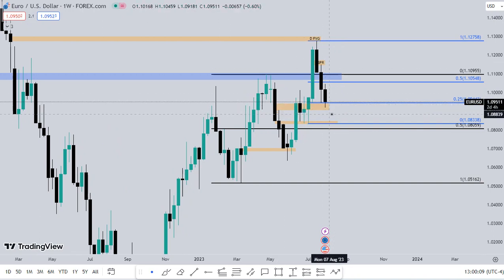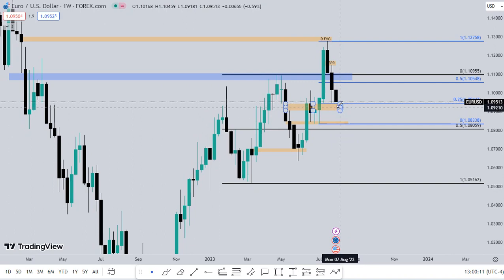So as we have NFP this week, we might see some bounce from this level higher into this weekly fair value gap from this low to this high. So this weekly fair value gap and this monthly fair value gap on here, this is an essential area, and price might go and tag this level once again on the weekly time frame, and this weekly order block down candle as well as this inversion fair value gap might act as a support area.